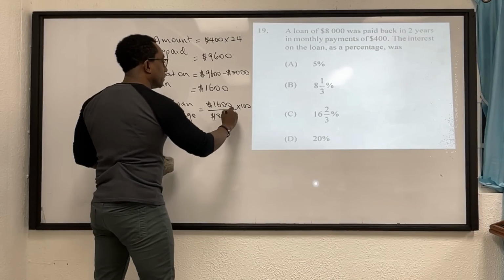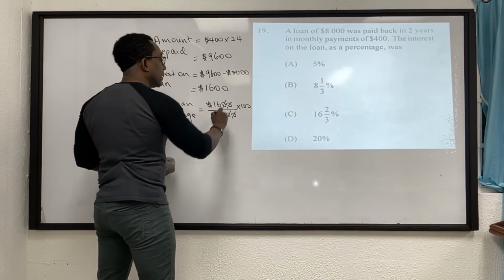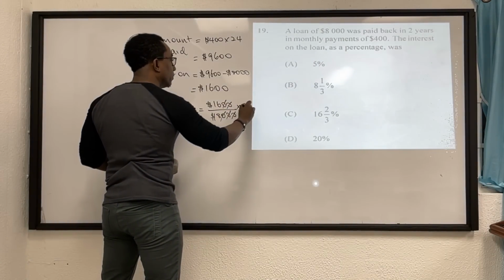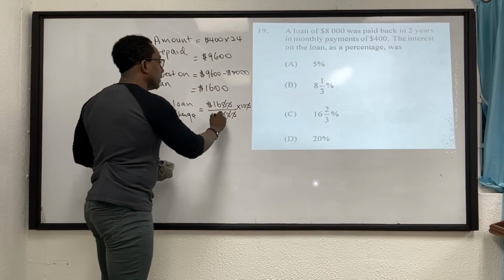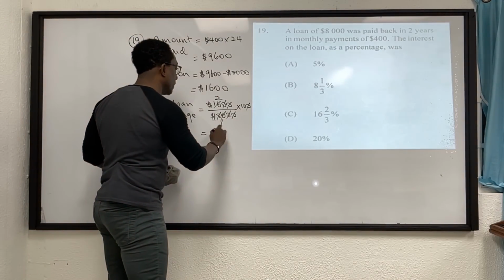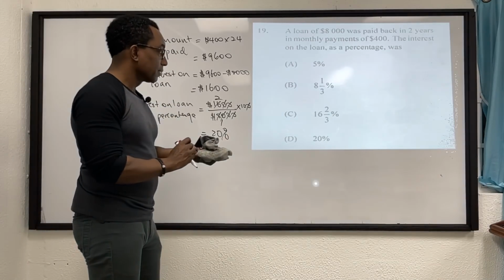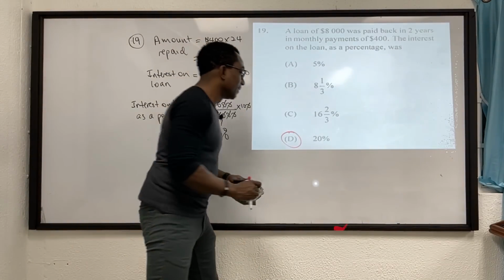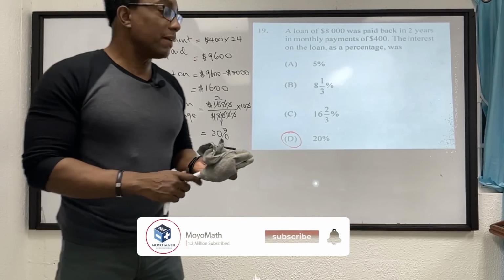Of course, my zeros cancel. 8 into 8, 1, 8 into 16, 2. 2 by 10 will give us 20%. And of course, I had the right answer circled before. So we have 20%.